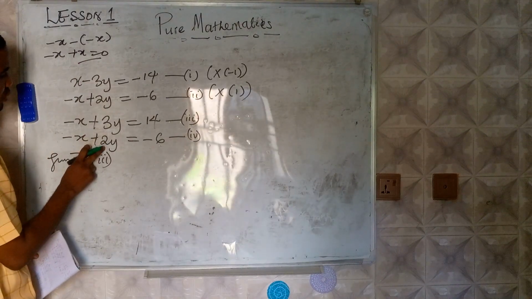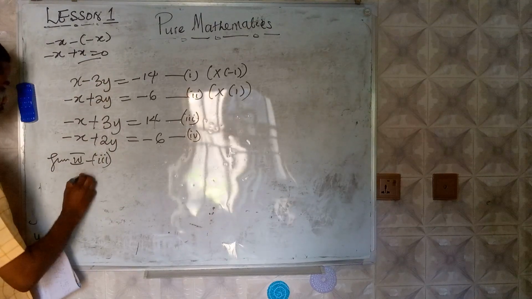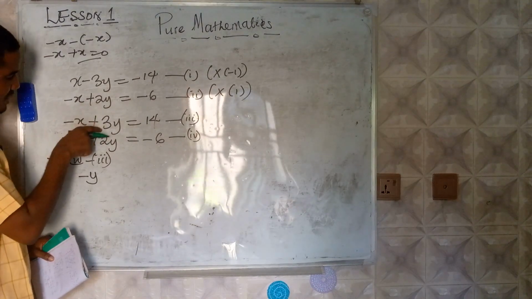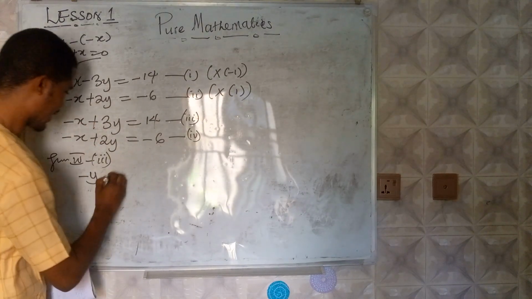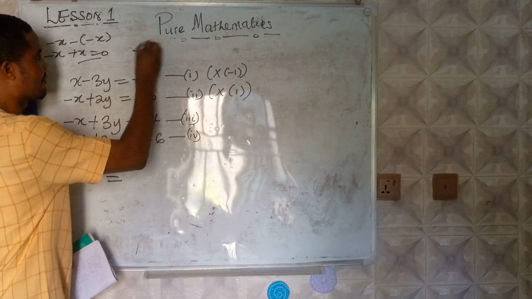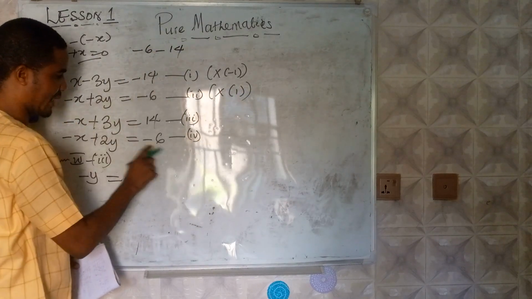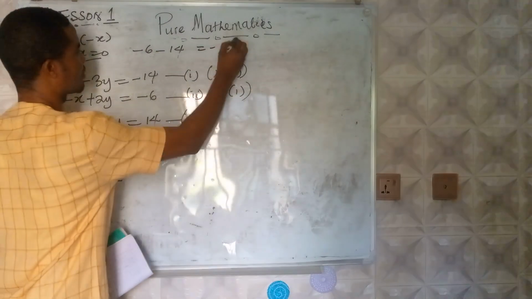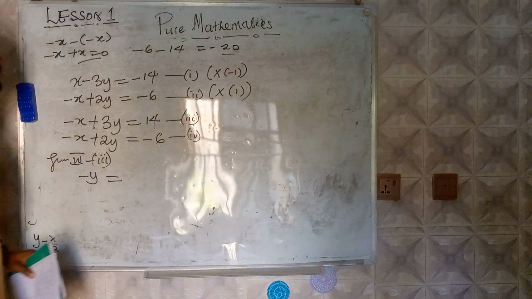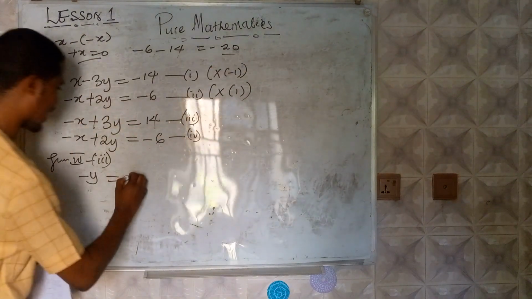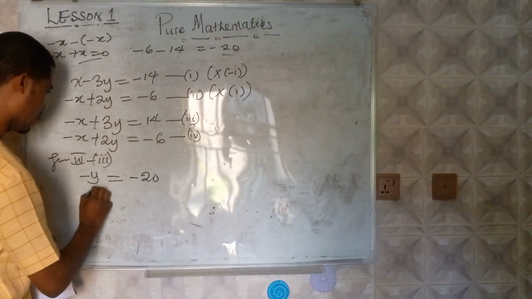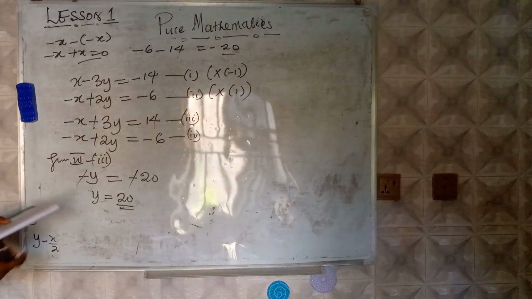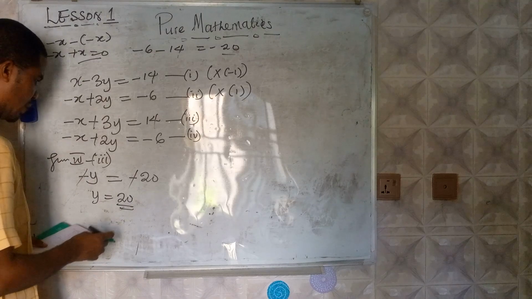So 2 minus 3 will give me minus y equals minus 6 minus 14. Minus 6 minus 14 will give me minus 20. So that y becomes 20 because minus cancels minus. My value of y becomes 20.